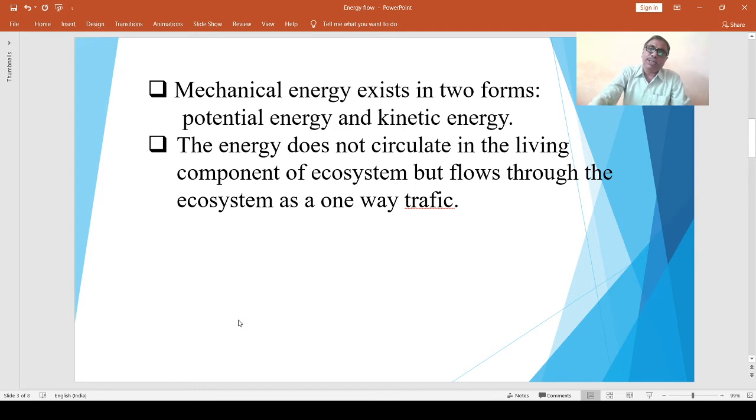The chemical energy stored at trophic level 1 becomes the source of energy to all the animals at higher trophic levels. In a food chain in a natural ecosystem, there is a loss of some portion of energy through respiration, and some portion of chemical energy is transferred to plant-eating animals at trophic level 2.